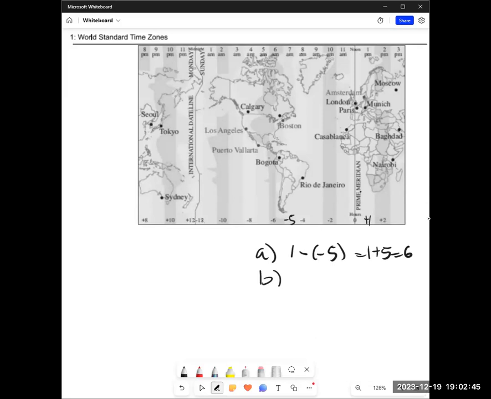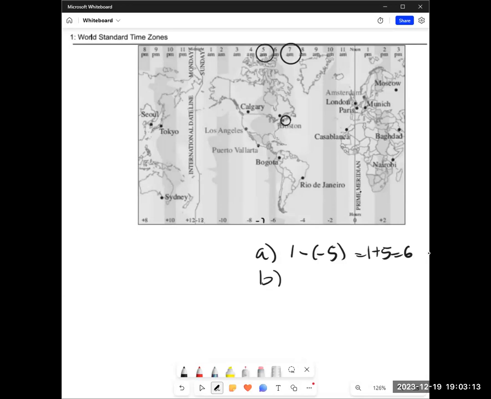For part B, they want us to figure out what the difference in time between Boston and Puerto Vallarta is. So Boston is here in this time zone. Puerto Vallarta is here at -7, which is in that time zone.